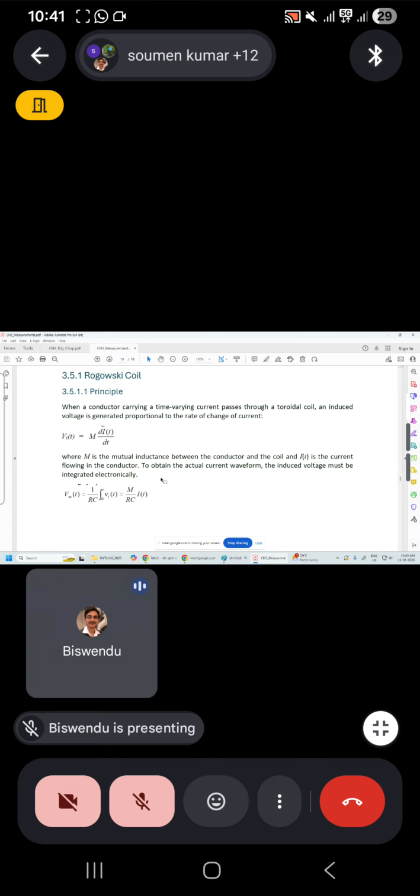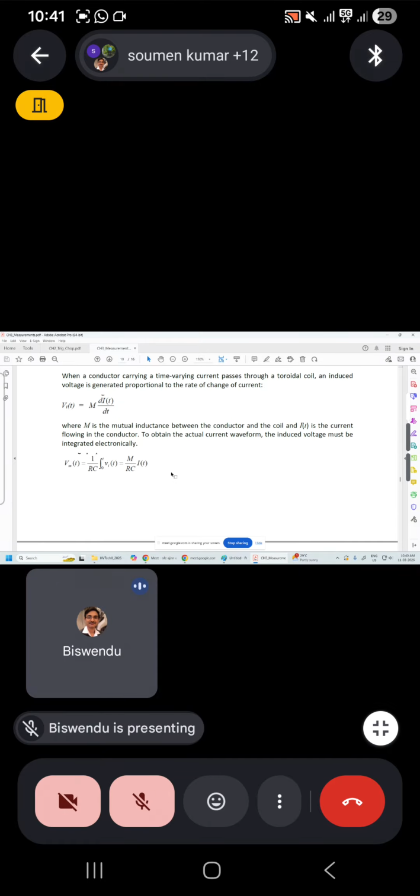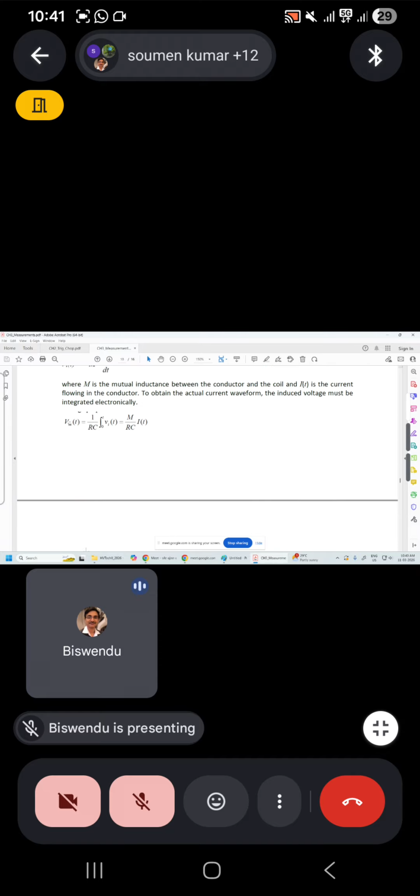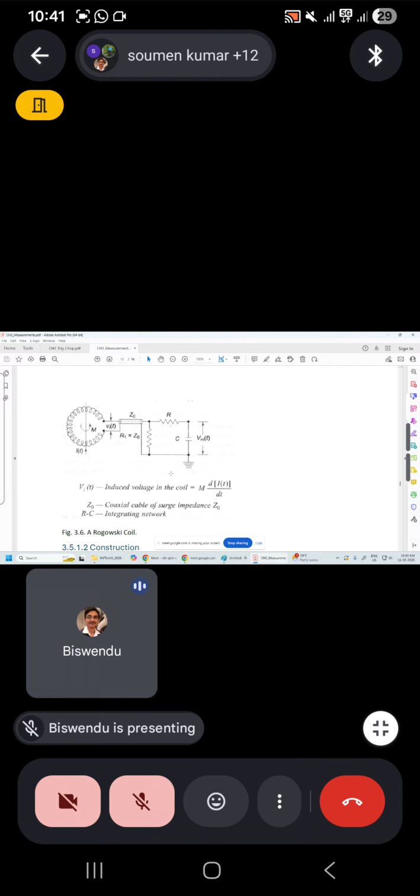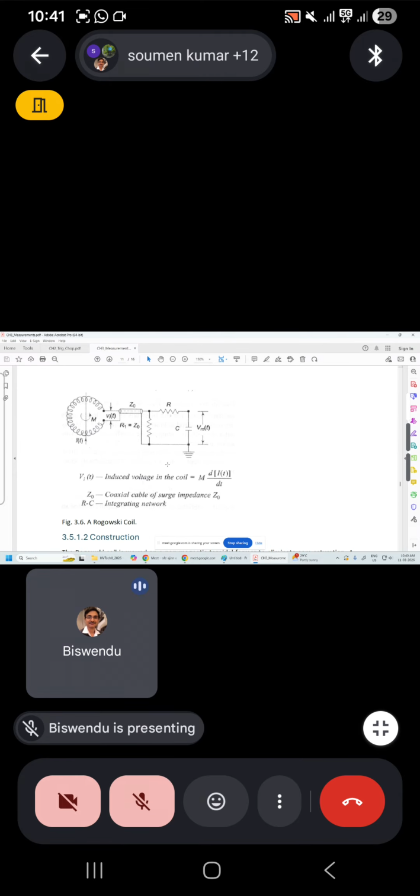Everything must be calibrated. How do I know the actual dynamic R and C and M? It is impossible. So everything has to be calibrated. This is the relation between maximum voltage and current. The current is measured with the help of a shunt and a meter, and you will get the maximum current going through the coil.